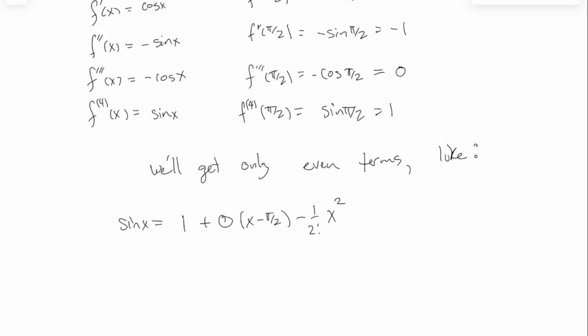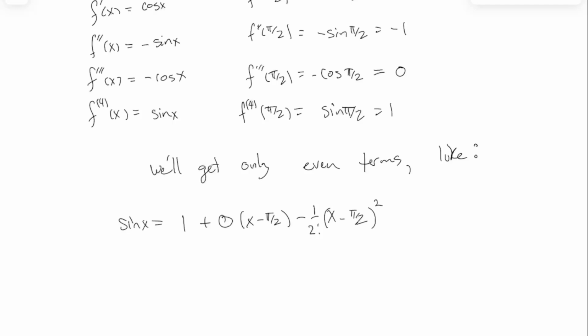The reason I put a minus is because this coefficient was minus. And the reason I put the 1 over 2 factorial is because the Taylor series always includes the 1 over the whatever factorial. All right? The next term, and it's not x squared, it's x minus pi over 2 squared, because I'm doing the series centered at pi over 2.